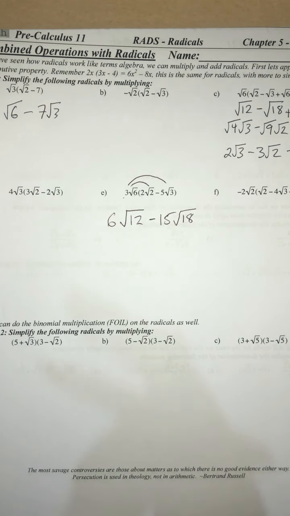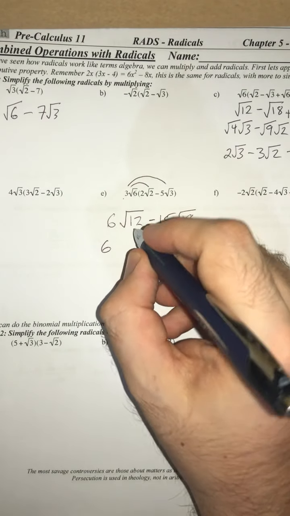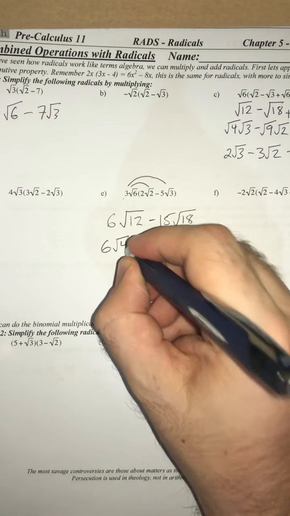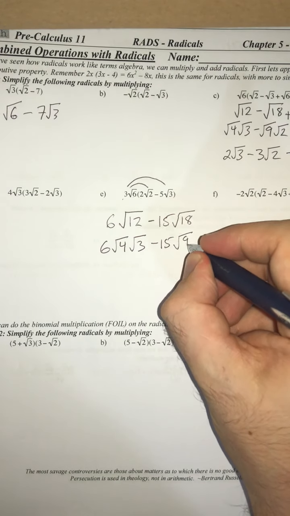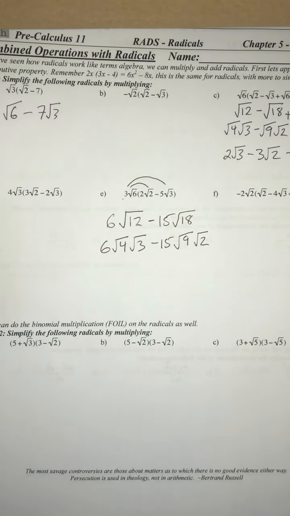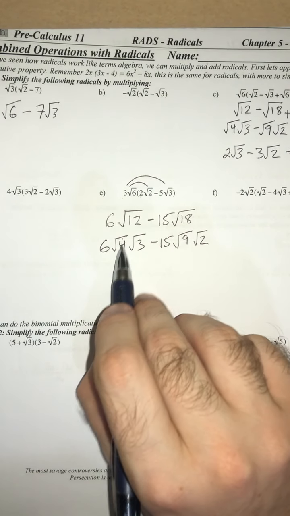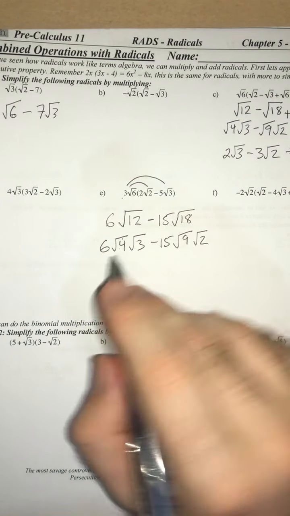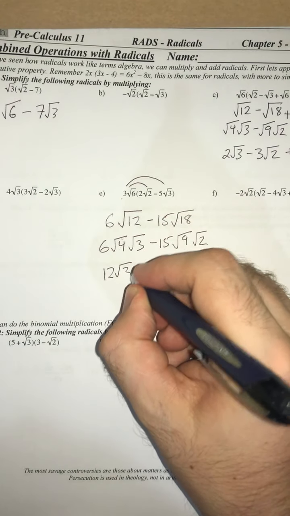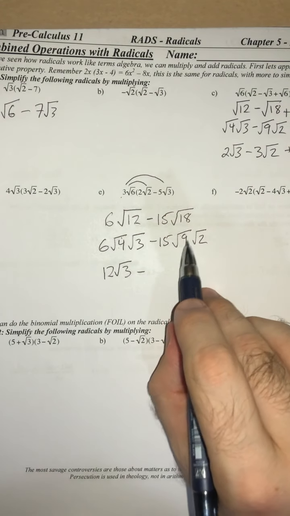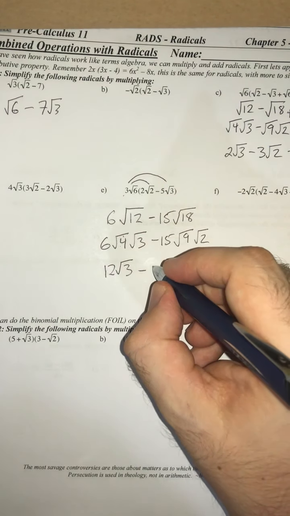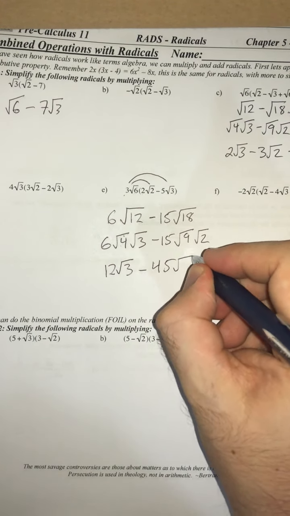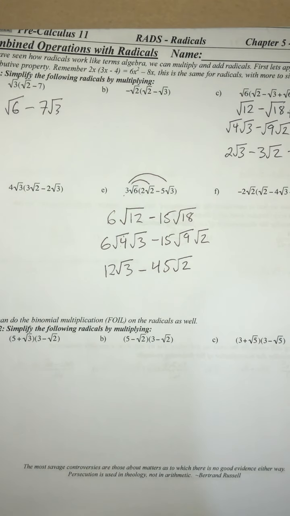Now you need to look at simplifying. So I can factor out a perfect square of 4 from here. Again, perfect square of 9 from here. And then combine them. So root 4 is 2 times 6 gives you 12 root 3 minus square root of 9 is 3. 3 times 15 is 45 root 2. And there's your answer. Nothing else I can combine. That's it.